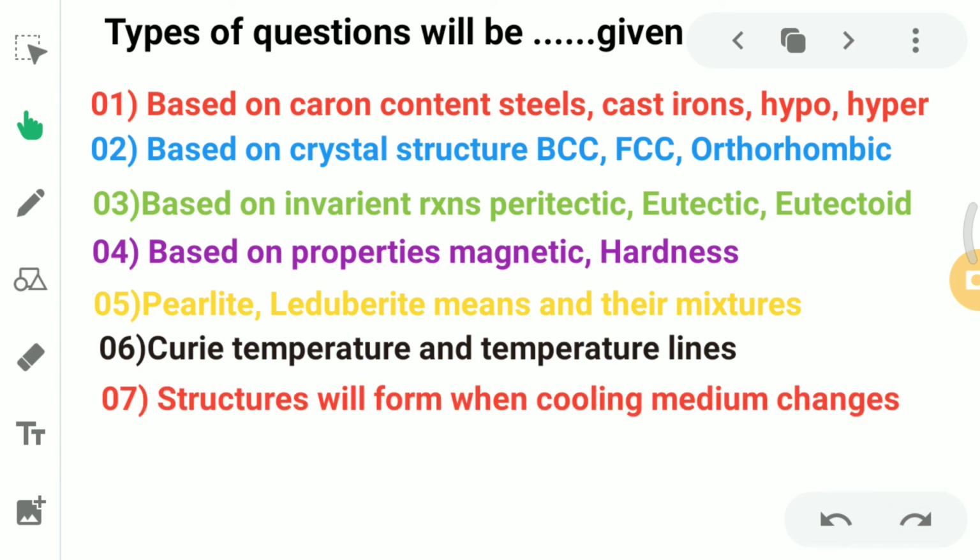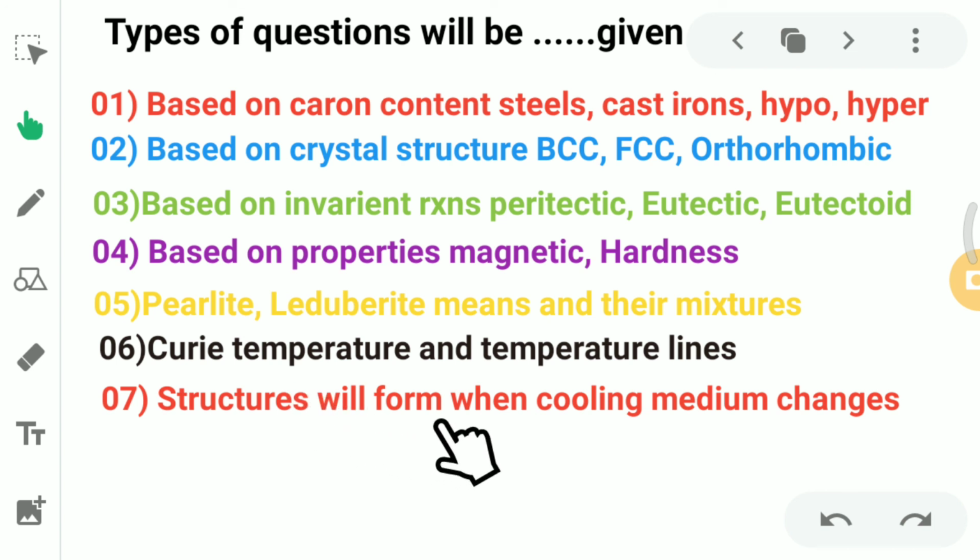And structures formed when cooling: if we cool it in the furnace, what structure will we get? If we cool it in normal air, what crystal structure will we get? Normally we will get fine pearlite if we cool it in air, friends. And if we cool it in quenching mediums, what structure will we get?